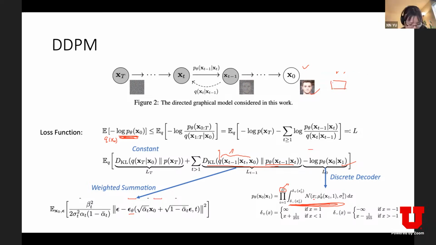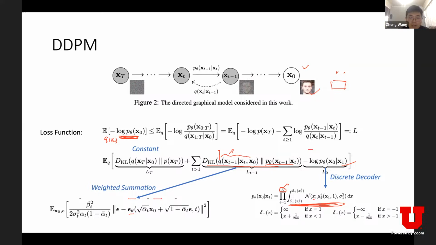It's in the range from 0 to 255. Oh, I see. So it's actually a categorical distribution. Is that right? Yes. It's trying to predict the class 1, 2, 3, 4 up to 256, something like that.